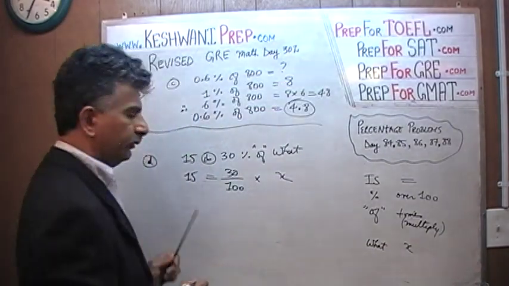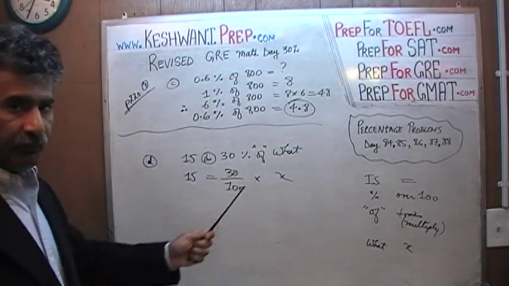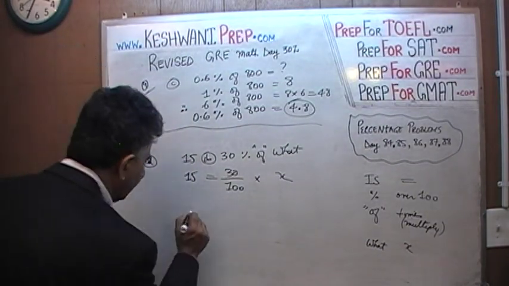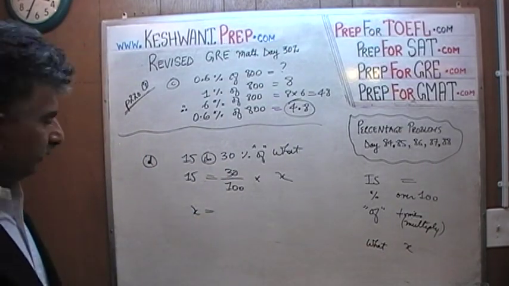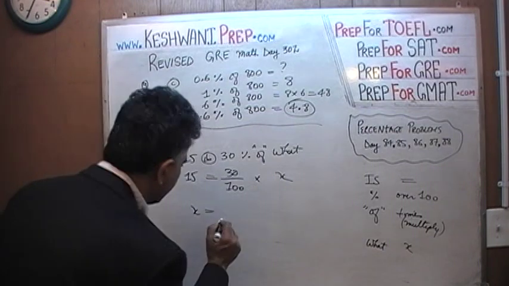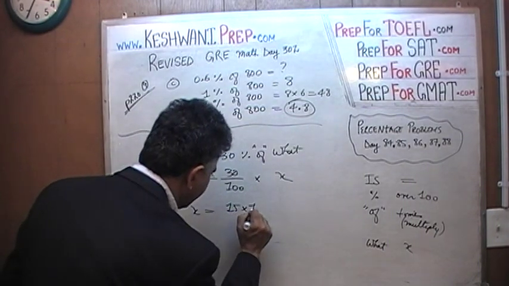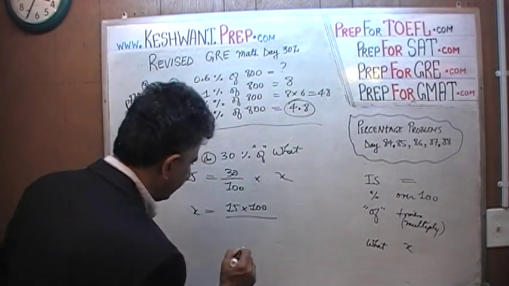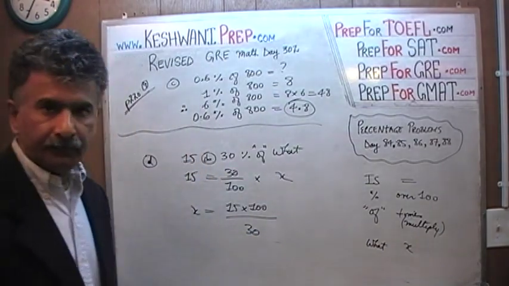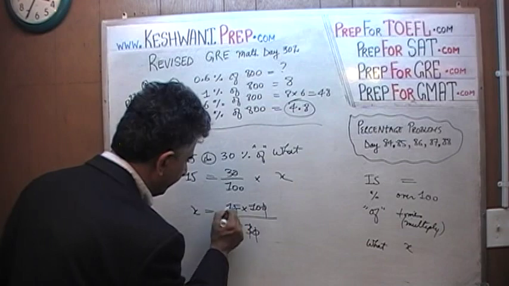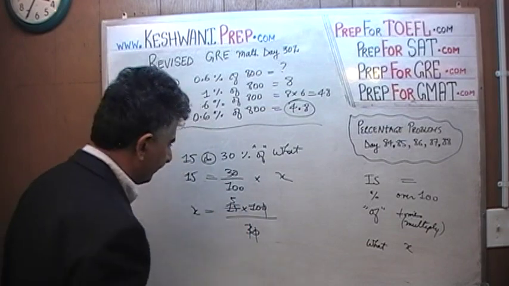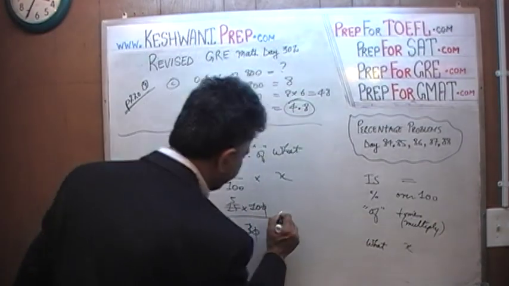And what is our unknown? x. That's all. We solve for x, multiply both sides by 100. As I said, I'm not going to do every single step. So it's going to be 15 times 100 divided by 30. Divide top and bottom by 10. The zeros drop out. Divide top and bottom by 3, and 15 becomes 5. 5 times 10 is 50.